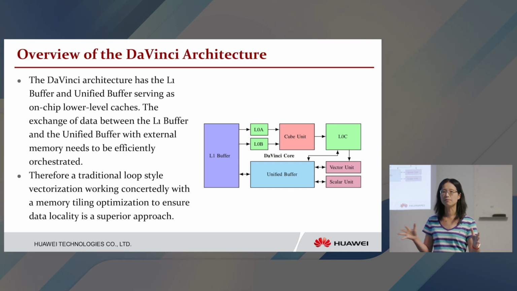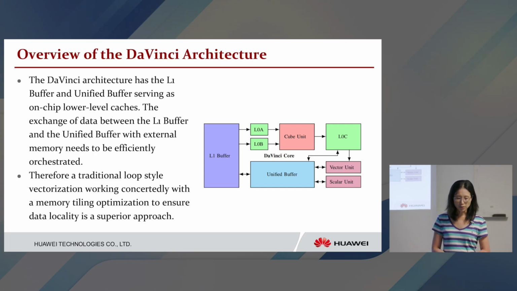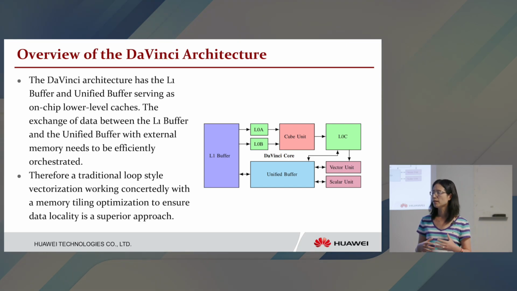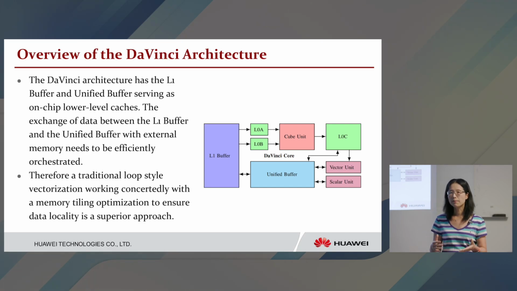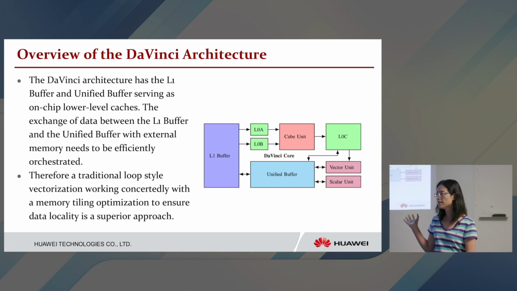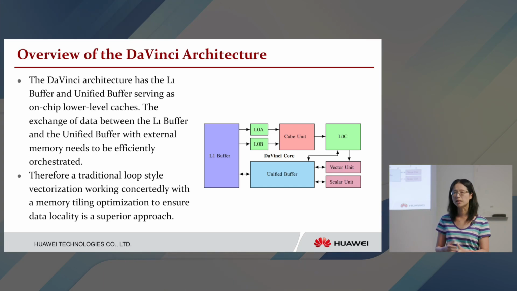That's a big fat matrix multiplier, as well as a vector unit. So to ensure performance, we need optimizations that can perform tiling, as well as DMA insertion, working concertedly with a traditional loop vectorizer, because it does have a traditional SIMD unit on the chip.